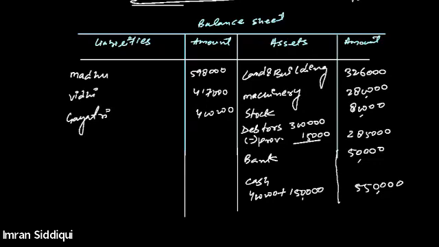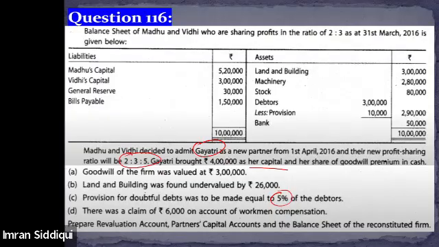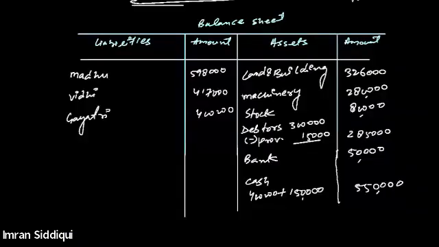Do we have any other liability on the liability side? Yes. We already distributed the general reserve among the partners, so there is no general reserve now. Only bills payable is left, 1,50,000. It remains unchanged.